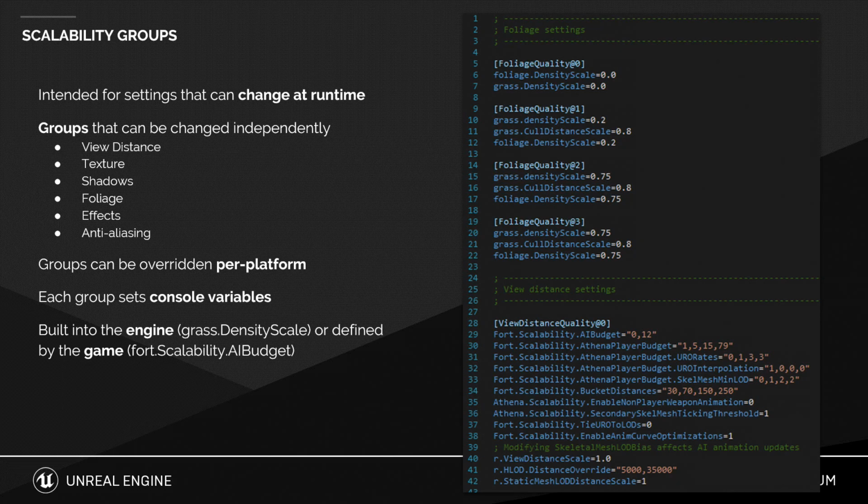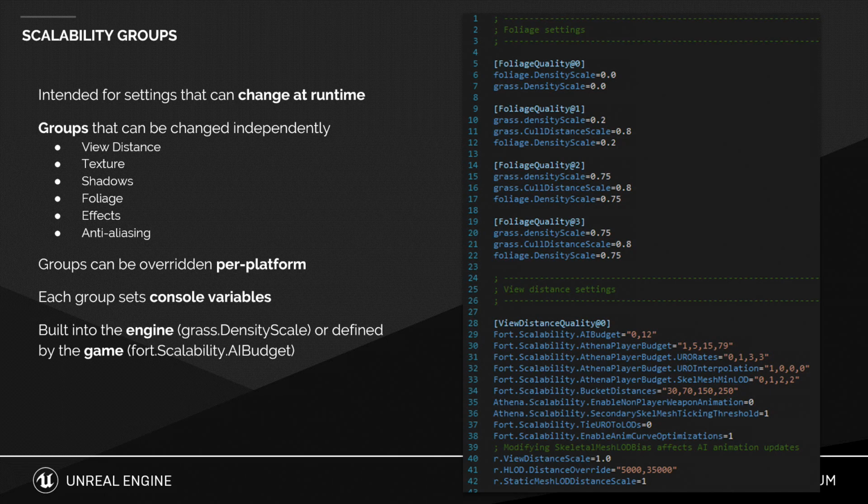And down the bottom is another example of how we use the scalability system. In this case, instead of changing engine properties, we're changing some game-specific properties. 아래 보시는 예제는 이제 엔진단의 설정이 아니라 게임 전용 세팅을 어떻게 바꾸는지도 보여주고 있습니다.